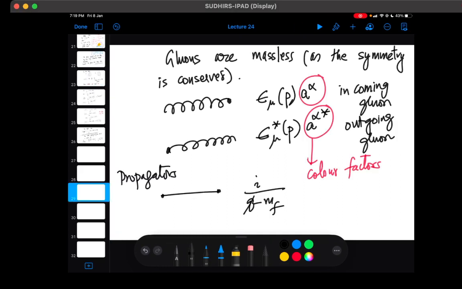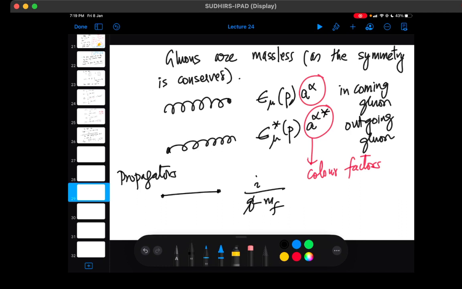So just to repeat, this is the vertex, and these are the essentially incoming gluon and outgoing gluon given by the polarization vectors and the color factors which are sitting in front.